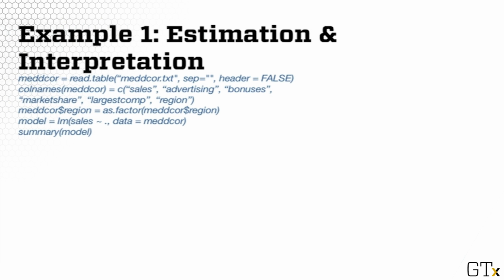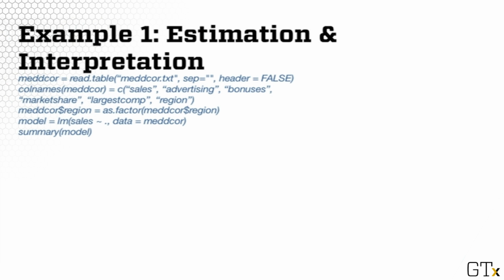We also convert the column corresponding to the region into a categorical variable in order to tell R that this is not a quantitative but a qualitative variable, and R will model it as such in a linear model.